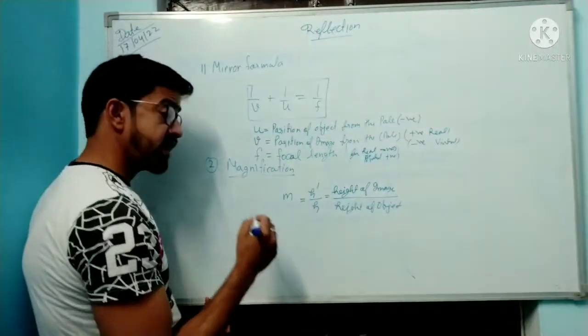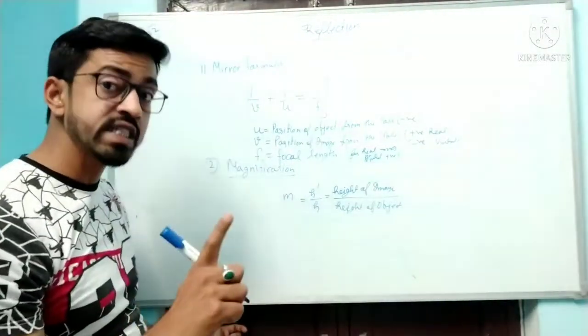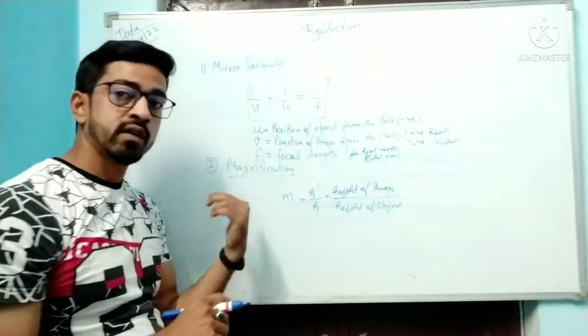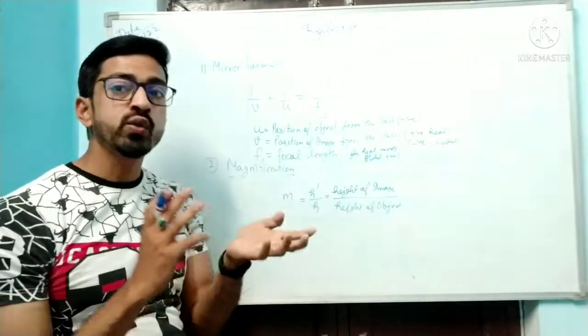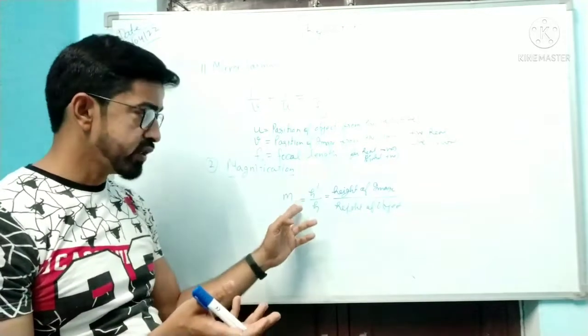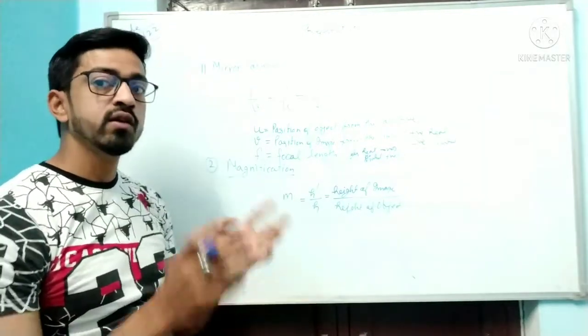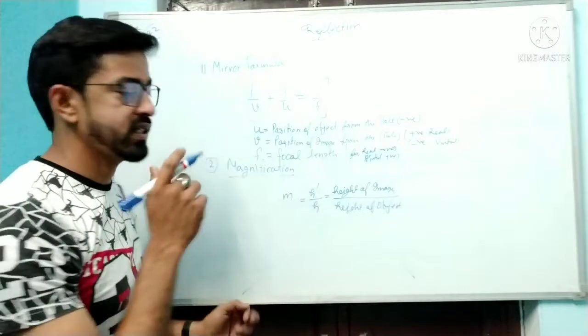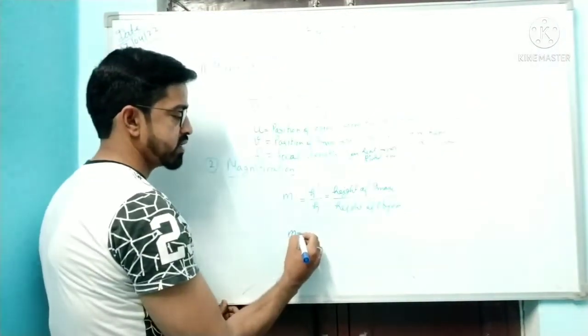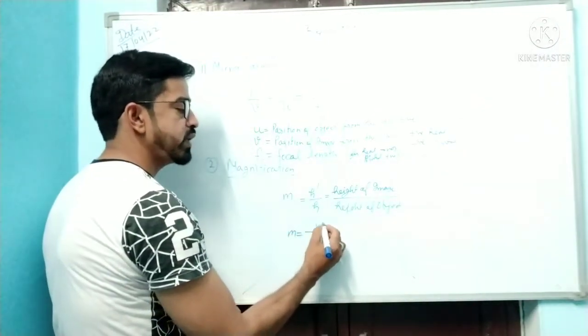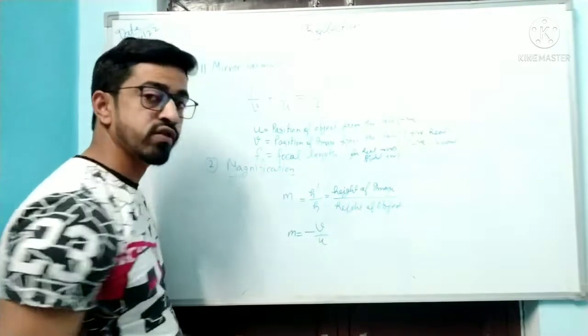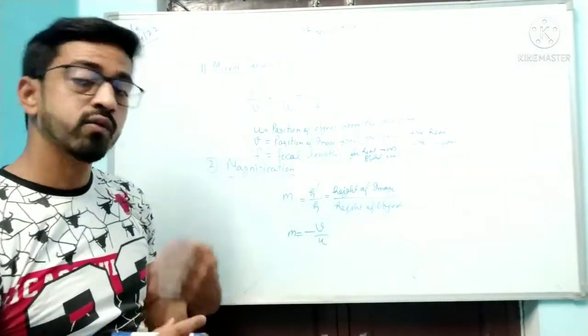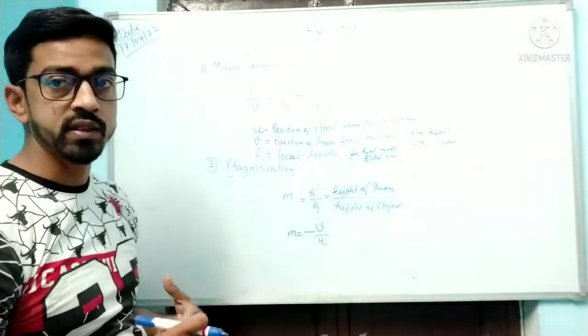Is this clear? Another formula of magnification is very important, by which you compare the first formula and second formula to solve for an unknown quantity. Second, m is equal to minus v upon u. Lots of students get confused. Sir, how do you remember these things?